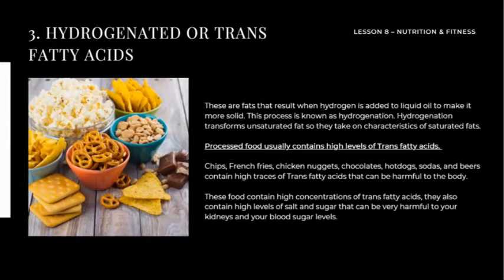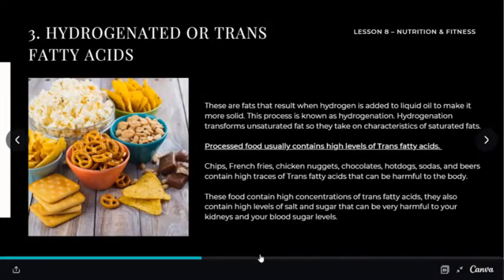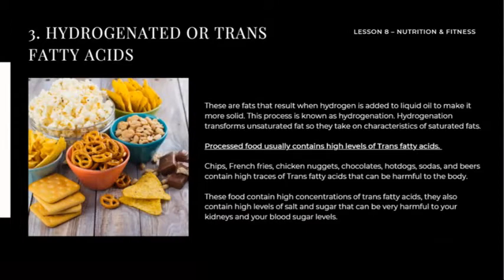This type of food contains high trans fatty acids and also high levels of salt and sugar that can be very harmful to your kidneys and your blood sugar levels. It is important for us to associate proper exercise and other nutritious food. And the recommended fat intake for us is 5 grams up to 20 grams.